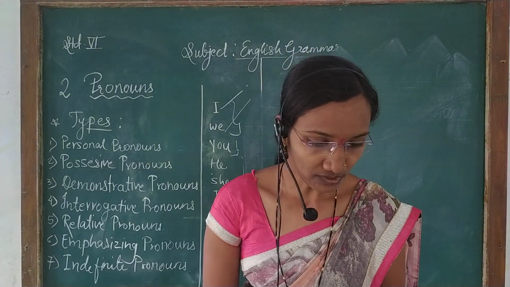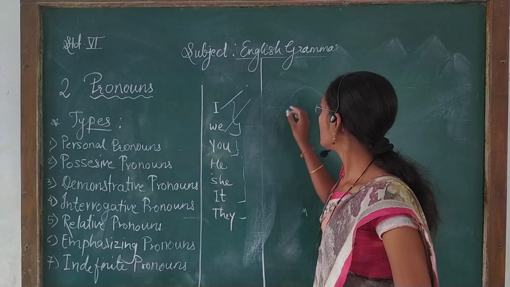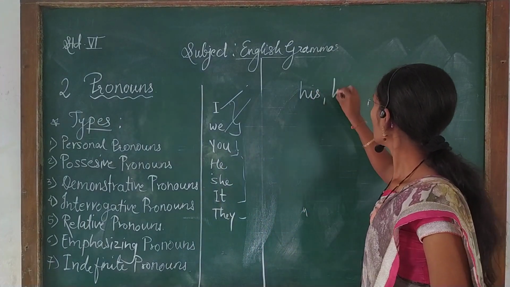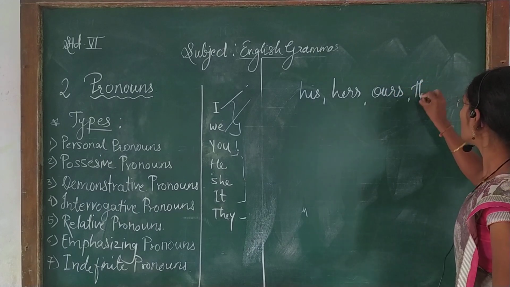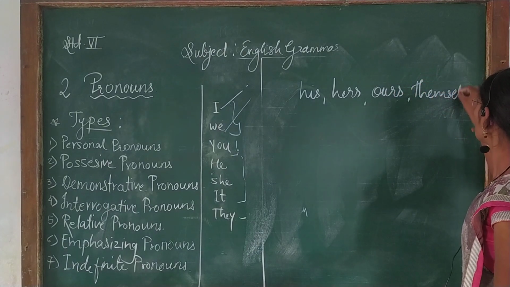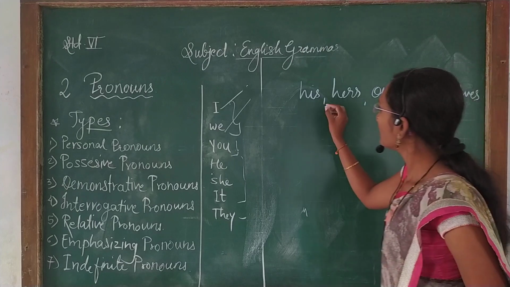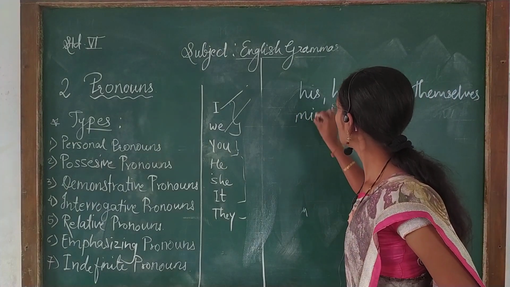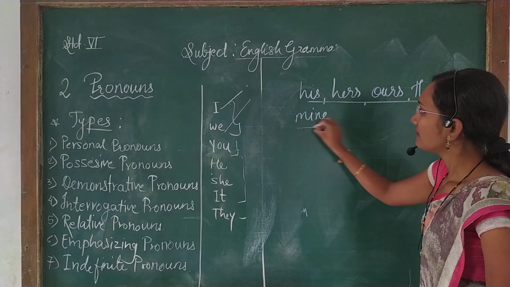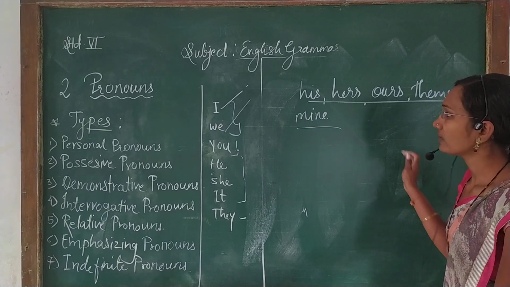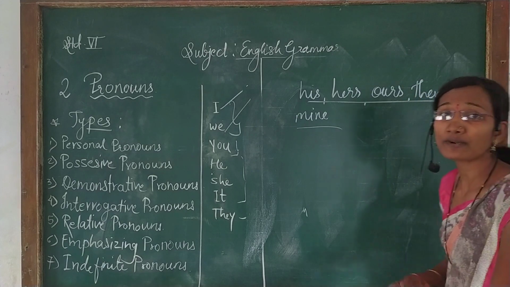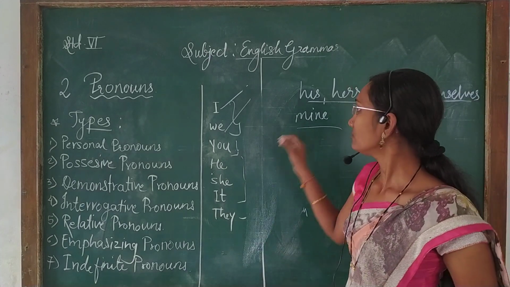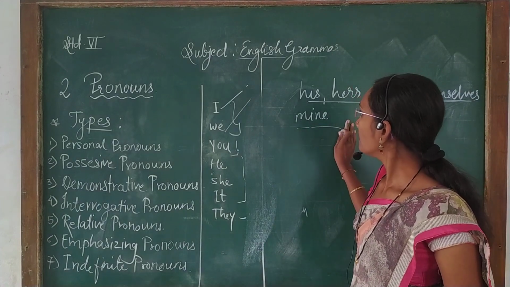Here we use possessive words such as his, hers, ours, theirs, mine. Such words are called possessive pronouns. You use these words to show possession of something.